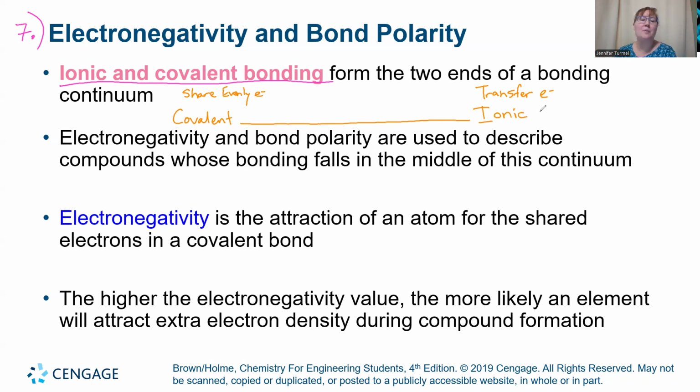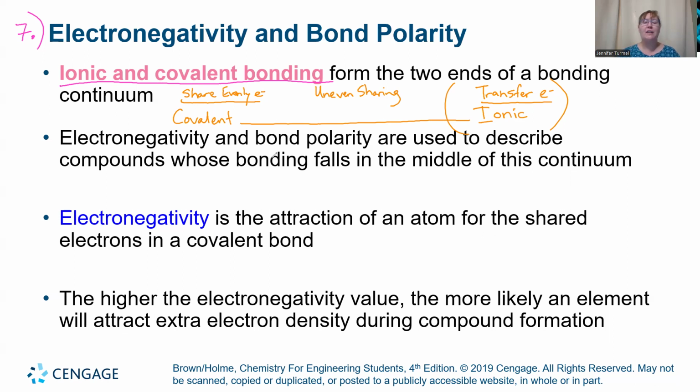But sometimes what happens is that we don't have a perfectly even share. Ionic bonds will have this perfectly even transfer, but what if we have an uneven sharing? Okay, where one pulls harder on the other one. Well, that's based on electronegativity and bond polarity, okay?